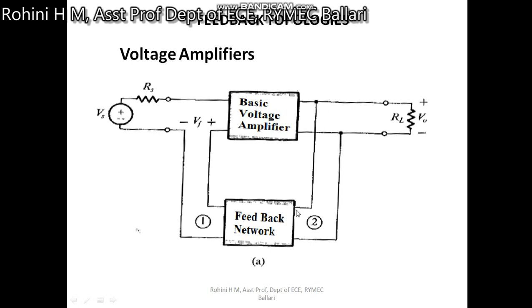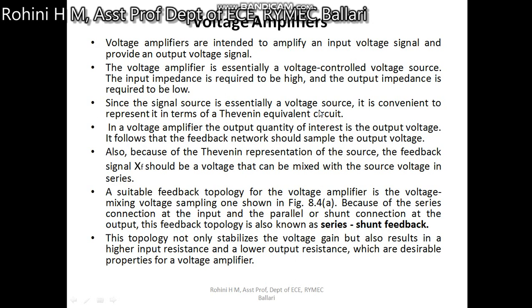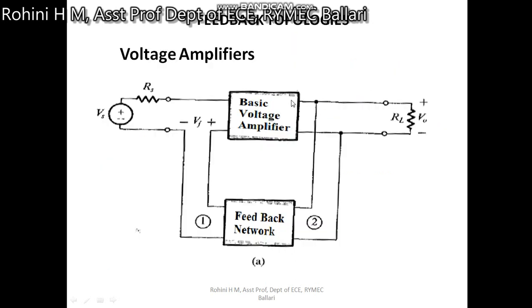The feedback circuit port 2 dash is connected in parallel to the voltage amplifier port 2 dash. The below port 2 also, these two are connected in parallel, whereas at the input side the feedback circuit is connected serially.